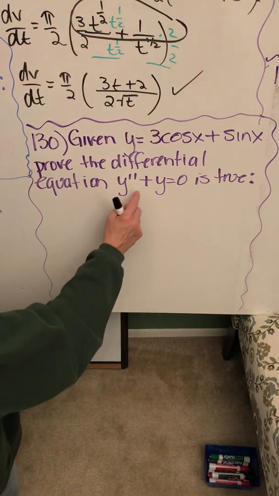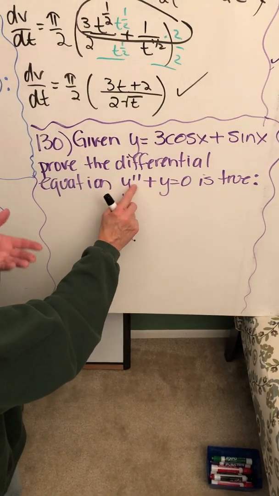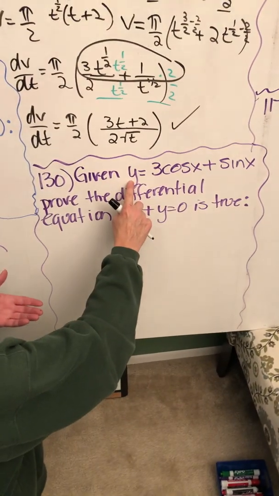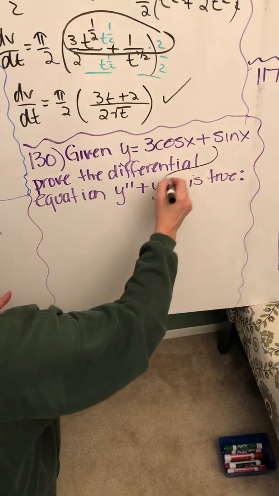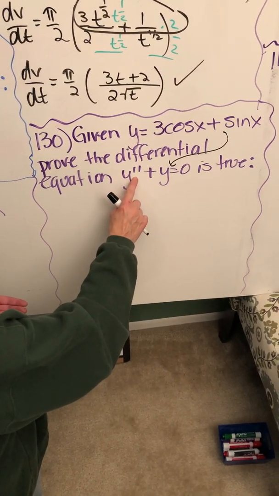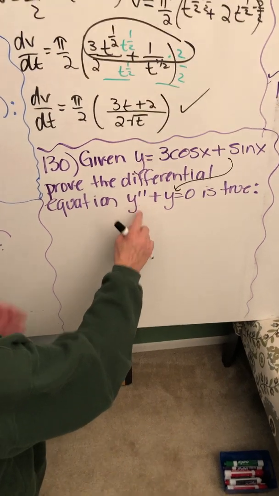First of all, this is called a differential equation because it has derivatives in it. All we're going to do is take a look. They gave me the y. I'm going to put it right there. And what I need to do is find the second derivative of y and put it right here. Let's work that out.